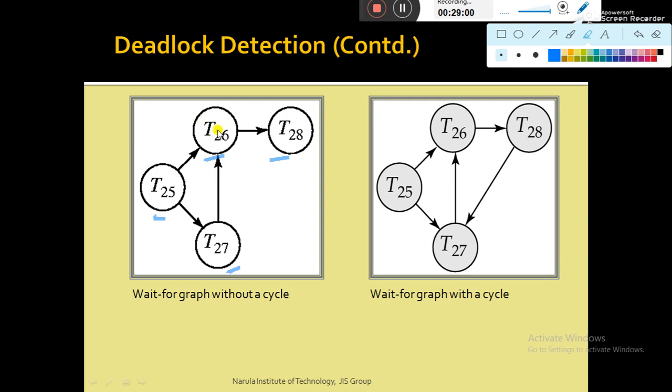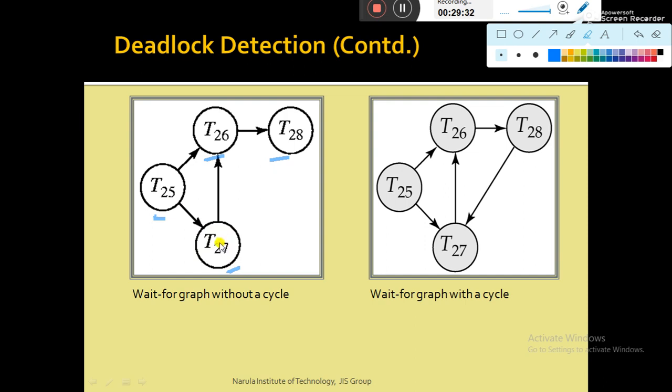T26 is already holding a data item and that data item is requested by T25. So T25 has to wait for T26. As well as, T25 is requesting a data item which is currently held by T27 also. So T25 has to wait for T27 also.